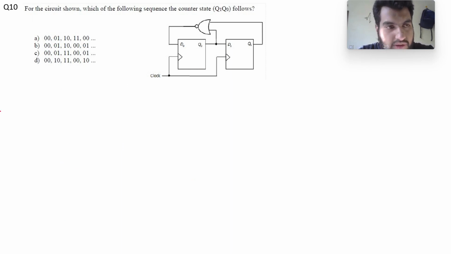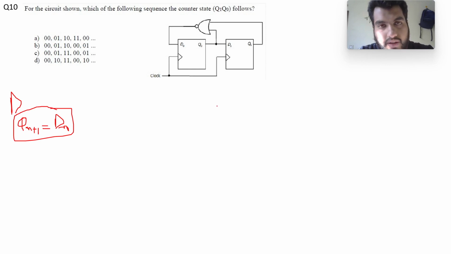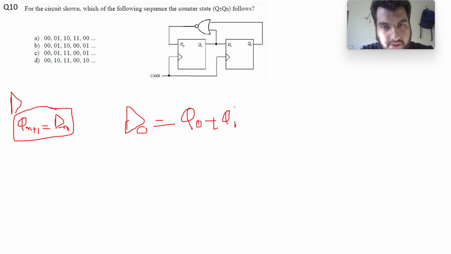So here we know that Q(n+1) is equal to D(n) for a D flip-flop. This thing we have to keep in mind. So here my D0 is equal to Q0 plus Q1 complement, that is a NOR gate.